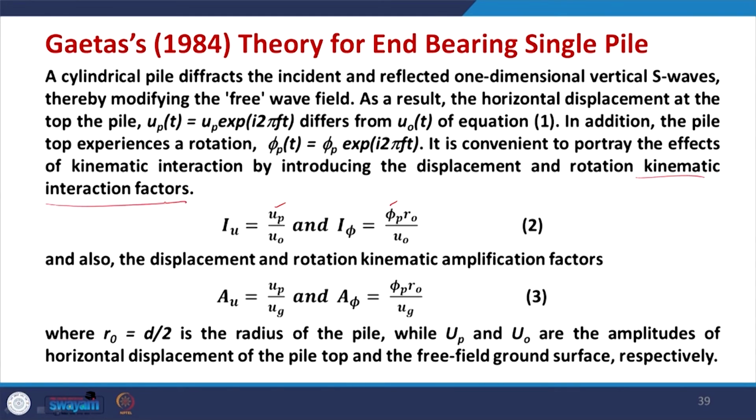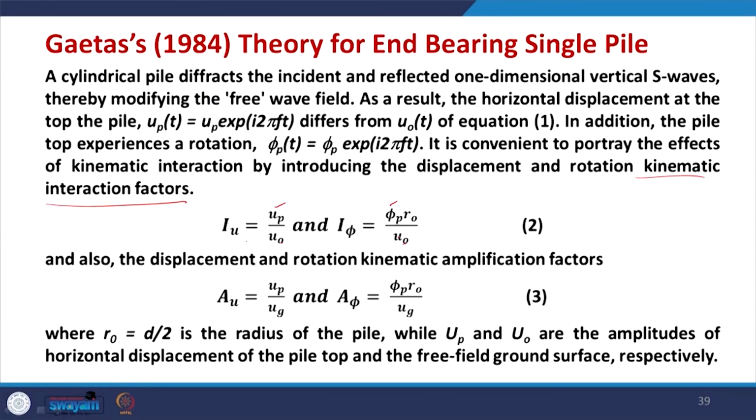Equation 2 gives you two kinematic interaction factors, one for displacement and another for rotation. While getting the kinematic interaction factors, both kinematic responses have been divided by the free field response U0.